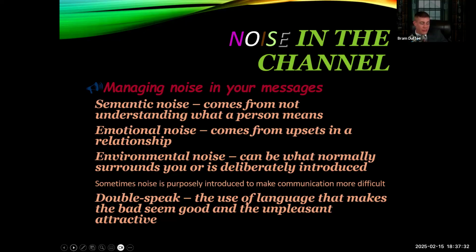Cultural differences or industry specific jargon often create this kind of confusion. So, to manage semantic noise, clarity is really key. We don't assume that our audience understands everything. We rephrase, we ask for feedback, or even provide examples that can clear up potential misunderstandings.